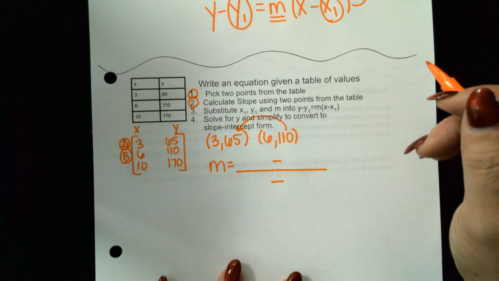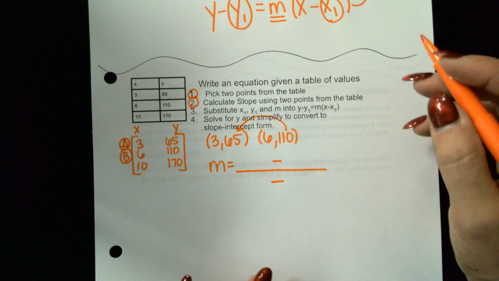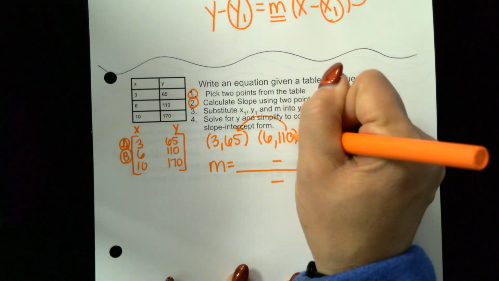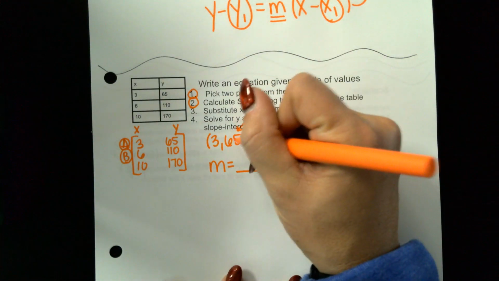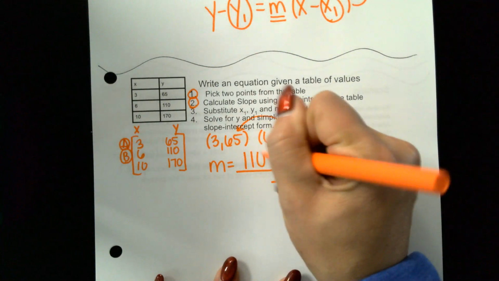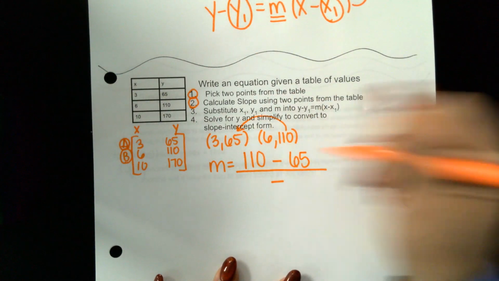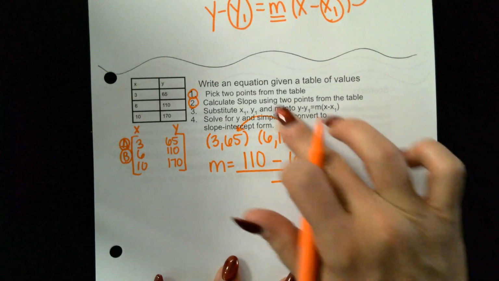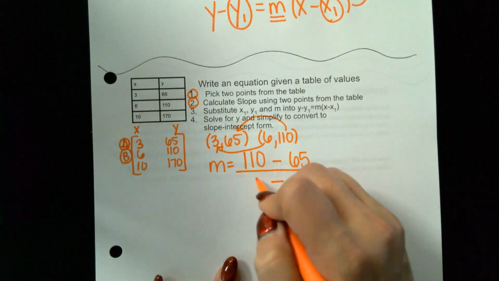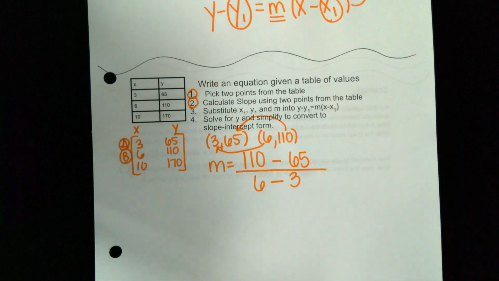That's the kind of subtraction you guys have always done. If you do it the other way, it's going to be negative. So I always go biggest minus the smallest, but you can do it the other way. Since I went right to left up top, on the bottom I'll also have to go right to left. So I'm going to do 6 minus 3.